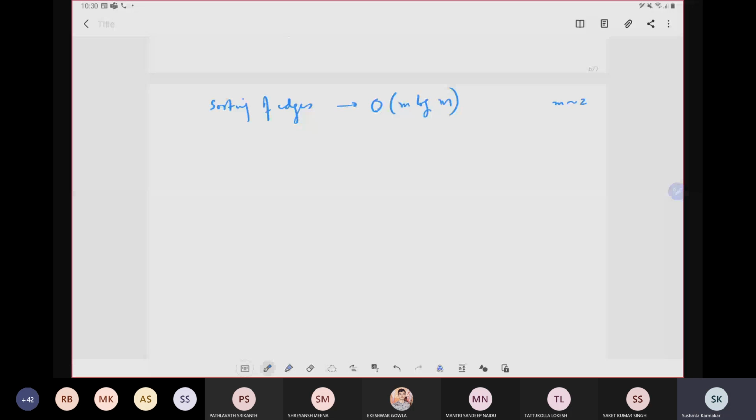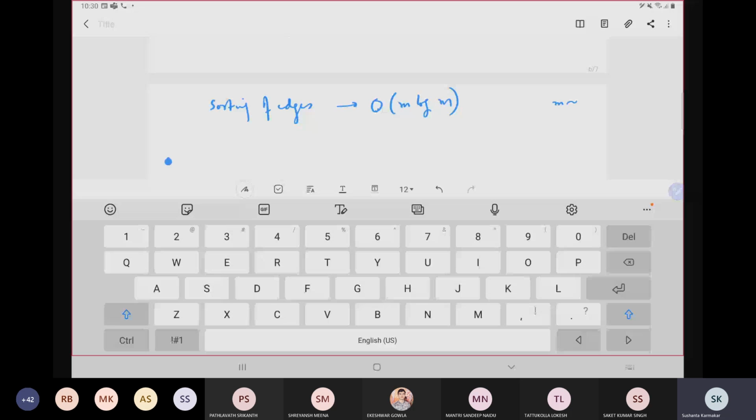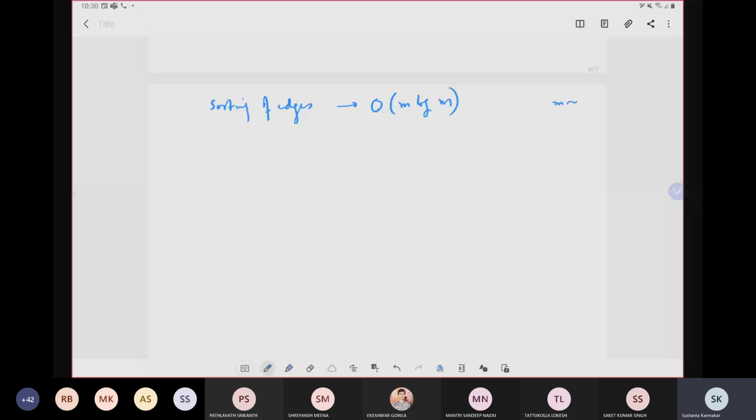So this is roughly m into log of n square, which is roughly m log n, because this 2 will come out and go into the constant. Sorting will require m log n time.